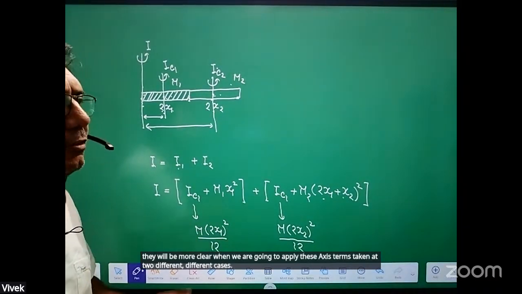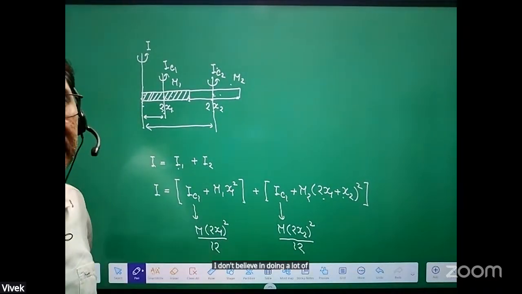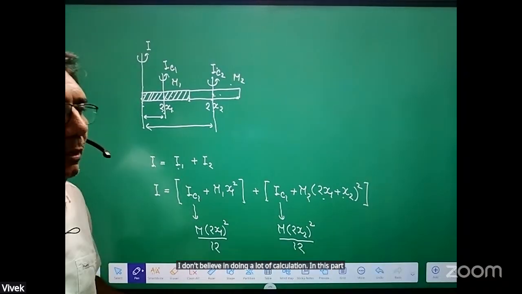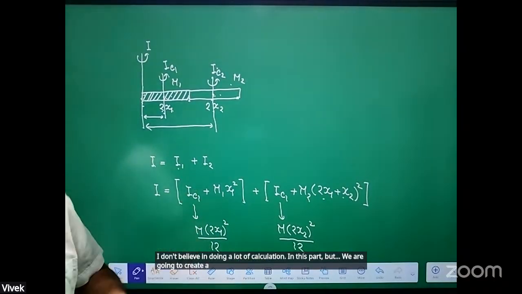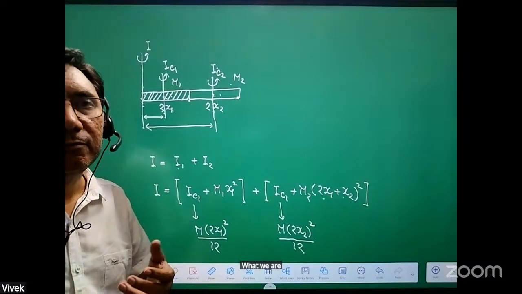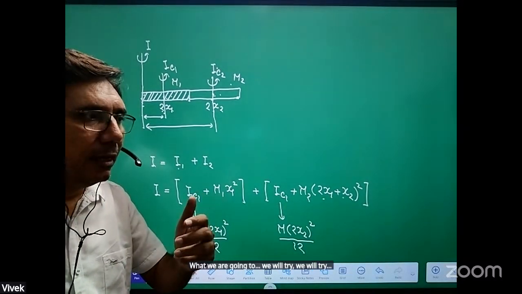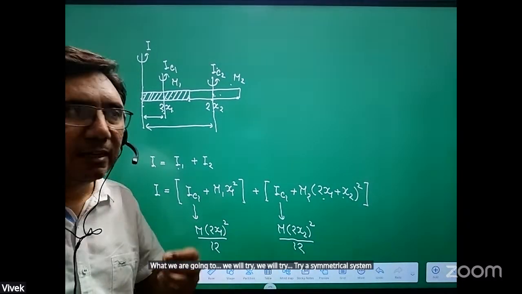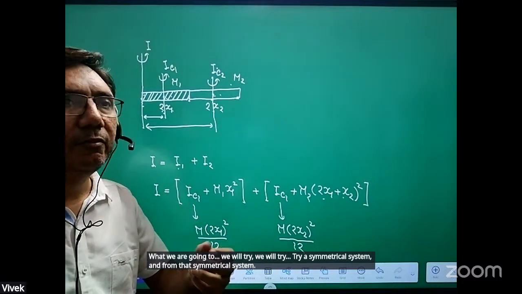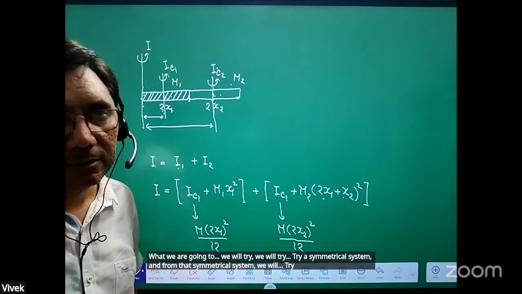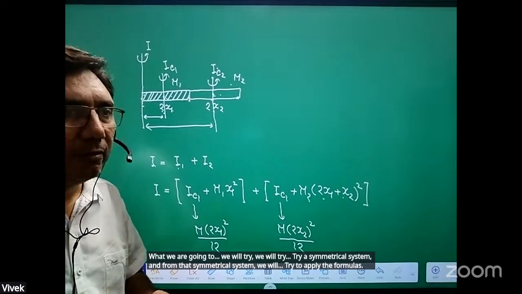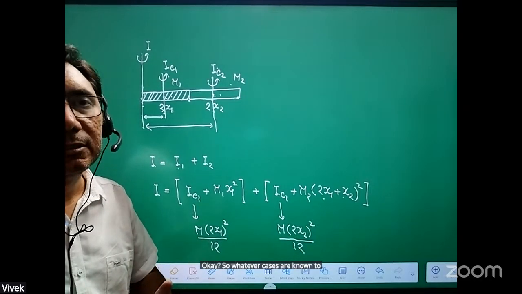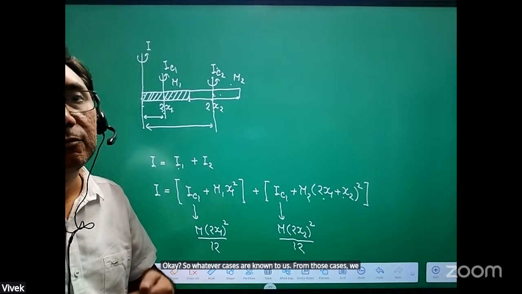I don't believe in doing a lot of calculation in this part, but we are going to create a symmetrical system, and from that symmetrical system we will try to apply the formulas. Whatever cases are known to us, from those cases we will try to find the moment of inertia in different cases.